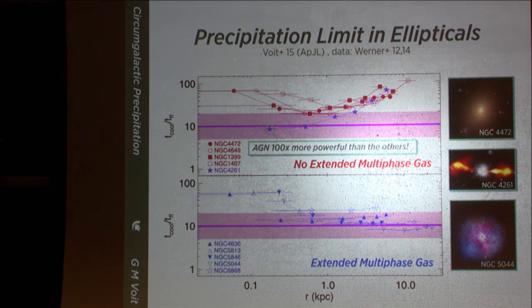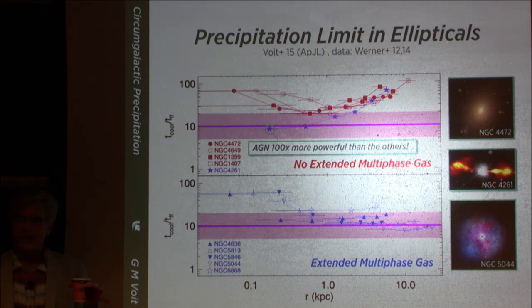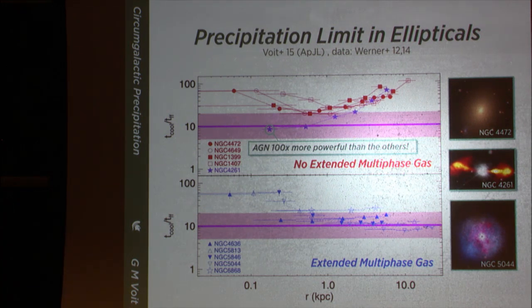So one example like this isn't a proof. We're working on more. The trick is getting really good X-ray data of high resolution and good signal to noise. It's challenging. But it's very interesting to see that over 2 orders of magnitude now in radius in this sample, the ratio 10 still shows up.